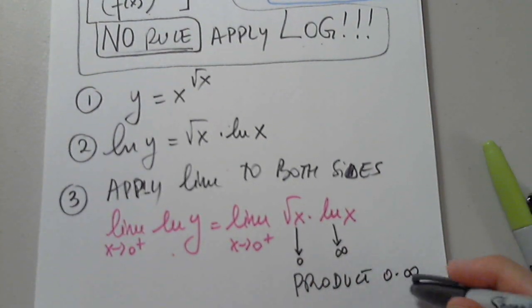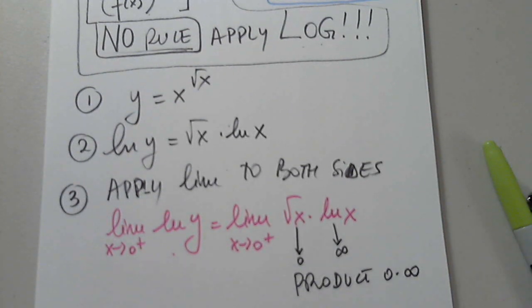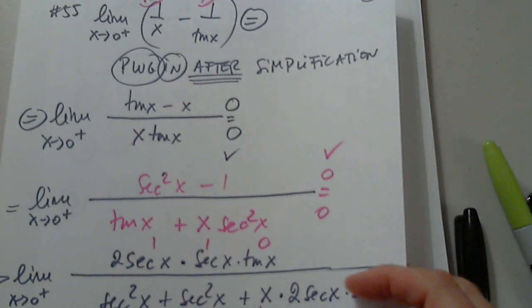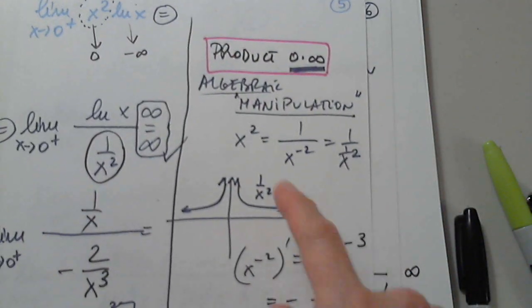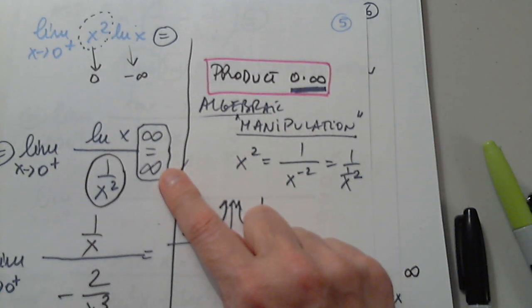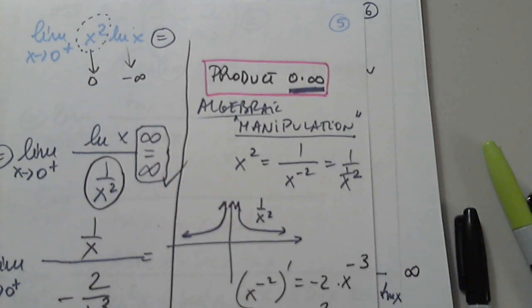What did we say? How do we deal with a product? What was the technique for the limit of a product like this? What did we say we needed to do for the product? Apply algebraic manipulation. Awesome. Play with the function to change it into this or 0 over 0.